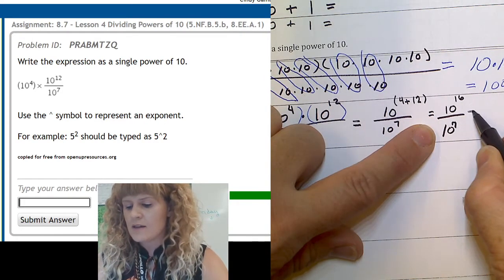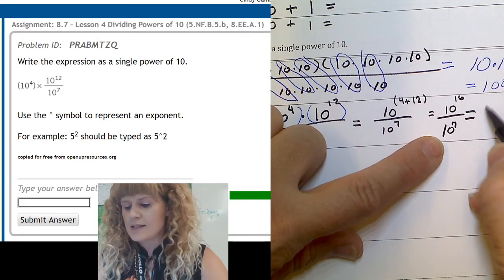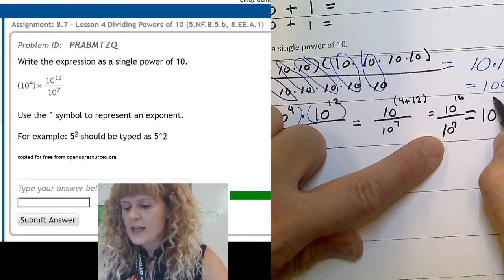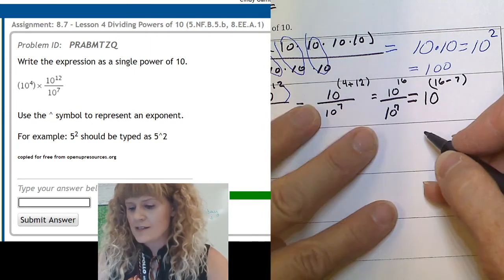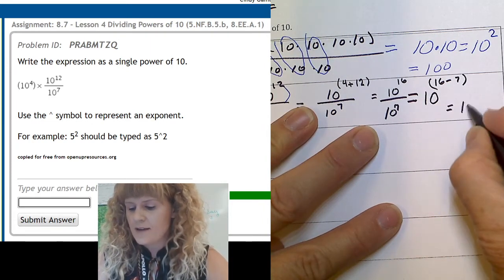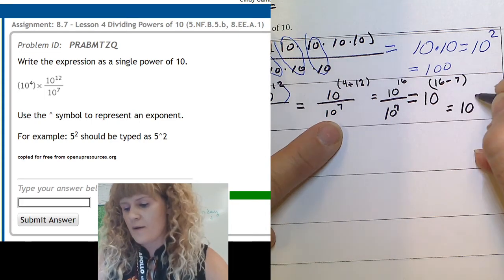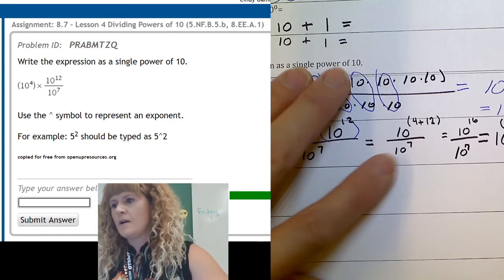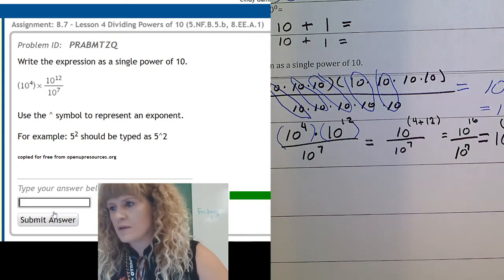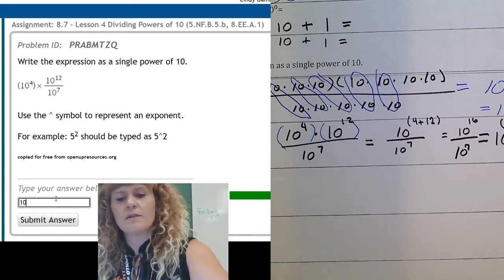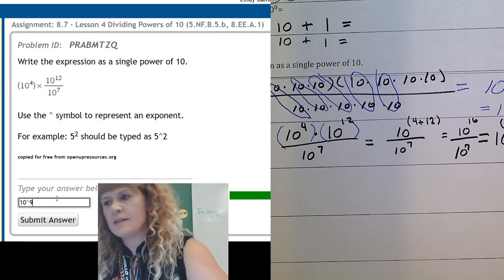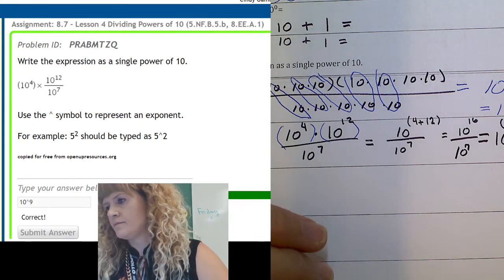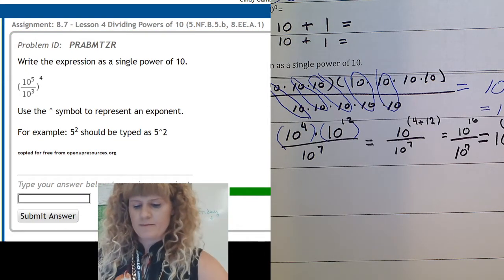So 10 to the 16th divided by 10 to the 7th equals 10 to the power of 16 minus 7, which is 10 to the power of 9. Go ahead and type that into your computer, 10 to the 9th. You have to use the caret symbol and go to the next problem.